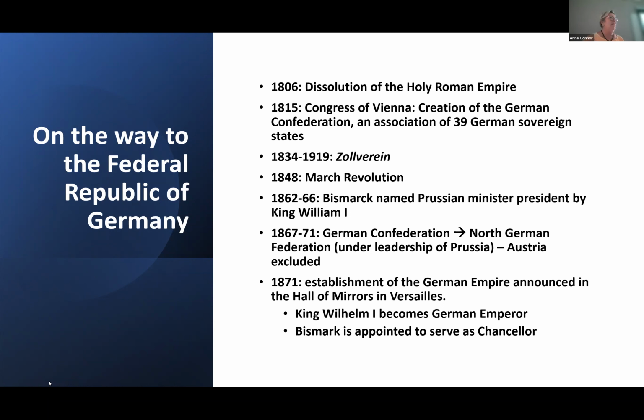In 1815, which corresponds to the exile of Napoleon to St. Helena Island, there is a Congress of Vienna with all the big powers in Europe. And following that Congress of Vienna, there is a creation of the German Confederation, which is an association of 39 German sovereign states.